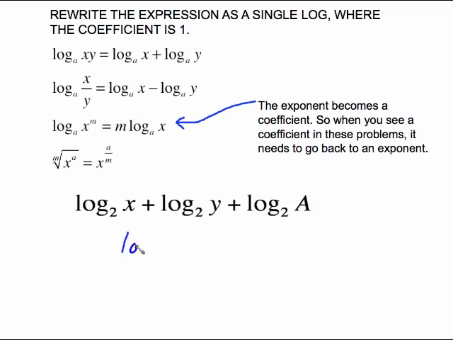You need to write the log, base whatever it is, one time, put parentheses, and then decide what's going on here. This is all addition, which goes back to this first property. If it was addition between here, that means it must have come from being a product. So this is just x, y, a. That is a single logarithm because we've written the word log one time, and the coefficient is 1.